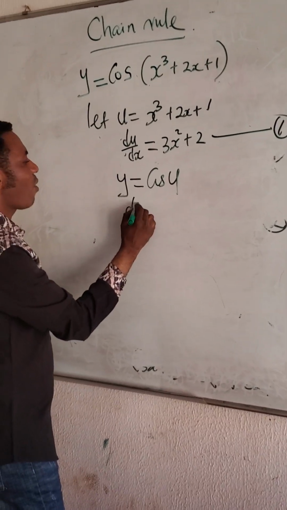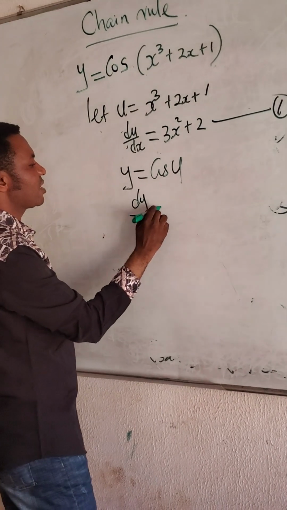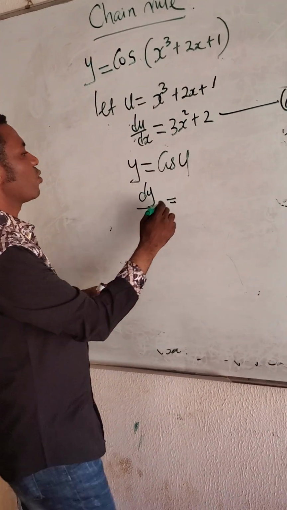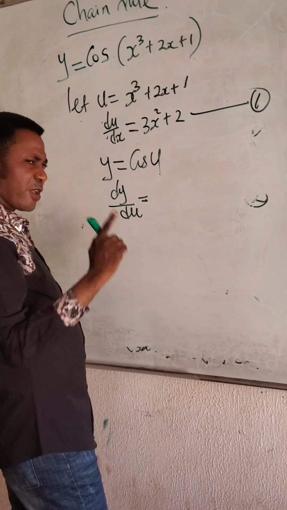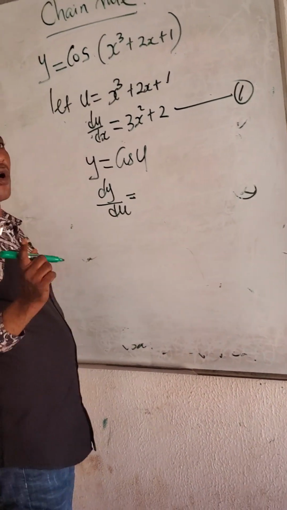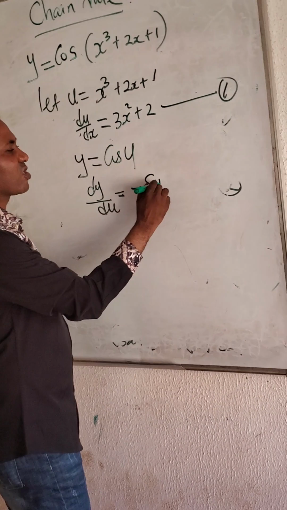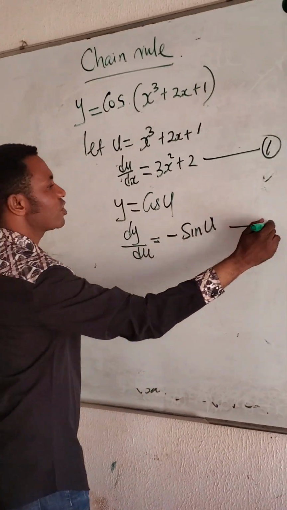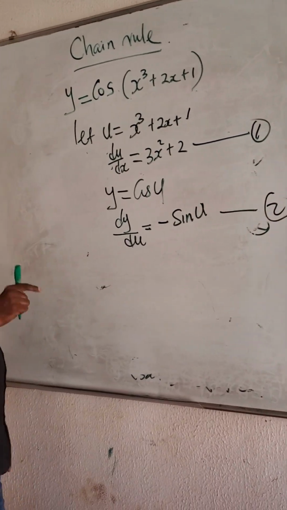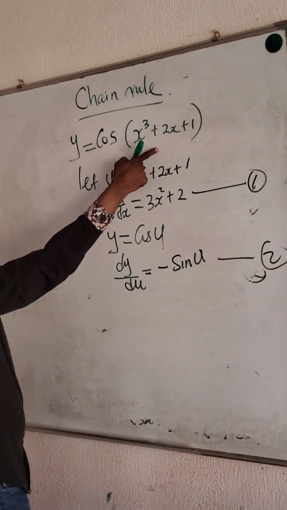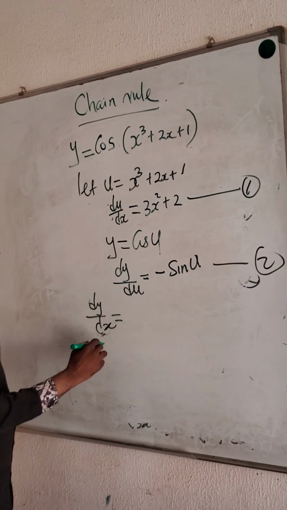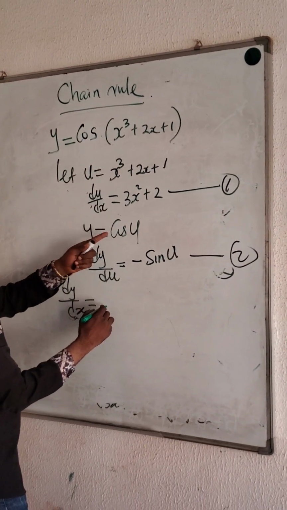Now, we say dy/du. That is, here we differentiate y with respect to u. Remember, if you differentiate sine, you have cos. But when you differentiate cos, you have minus sine u. That is why we call this equation 2. Then for us to get what we are looking for, which is dy/dx, we multiply equation 1 by equation 2.